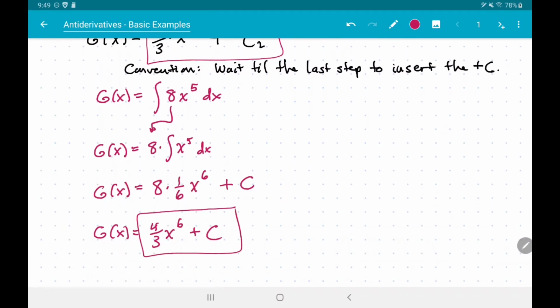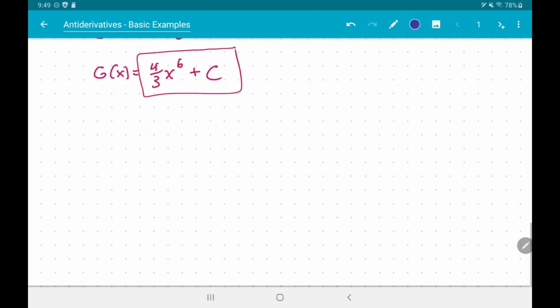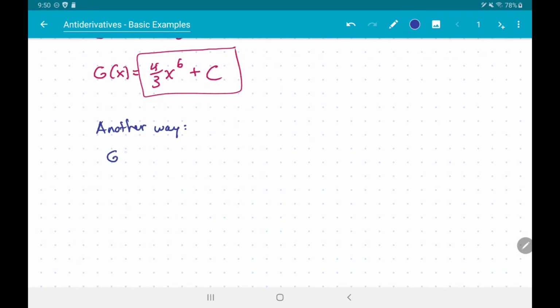Another thing that you can do with this, so let me put in here another way to work, is to look at this 8x to the fifth and think, okay, what kind of thing would I need in a function so that its derivative would have an 8x to the fifth in it?